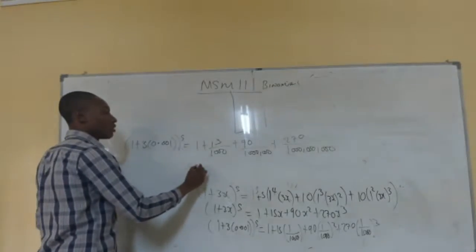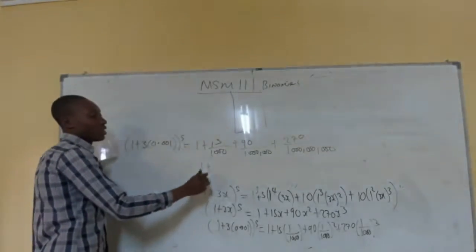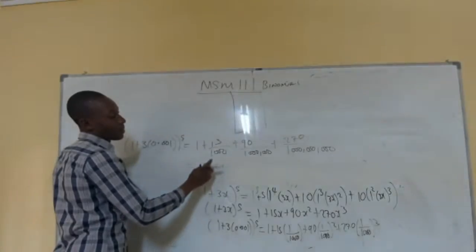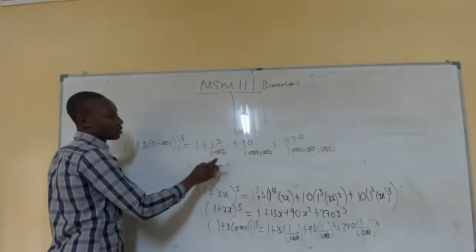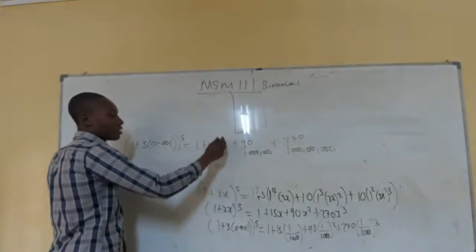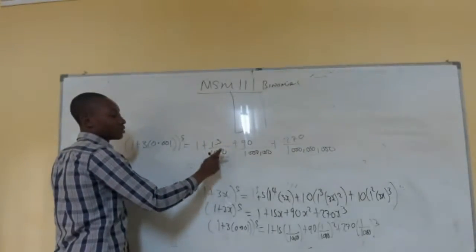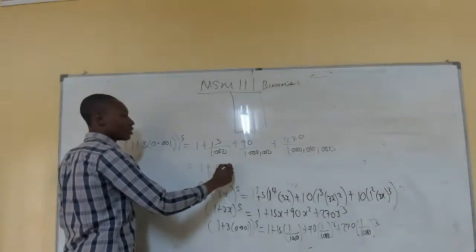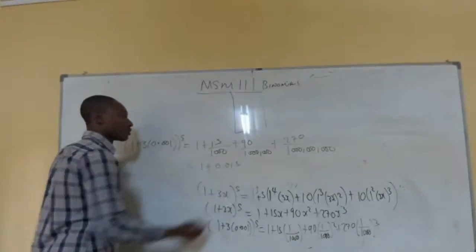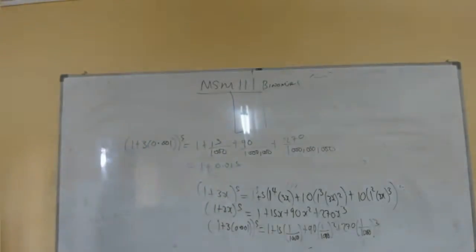So from this you have 1 plus, this is going to be 0 point, remember 15 into that, so this is 0.015. Okay, so that is what we get. Then you are going to do a similar thing for the others.